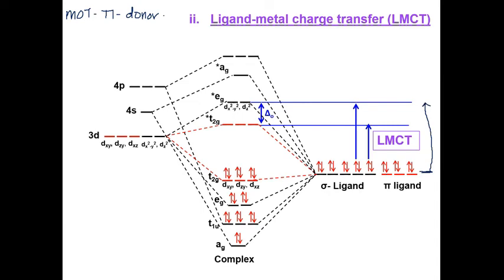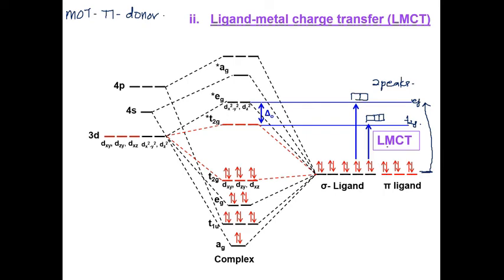Okay, so you have two metal levels here, metal side here, so the eg and the t2g. So sometimes the LMCT you can have two peaks. Sebab apa? Sebab dia ada vacant orbitals at t2g and ada juga vacant metal orbitals at eg.